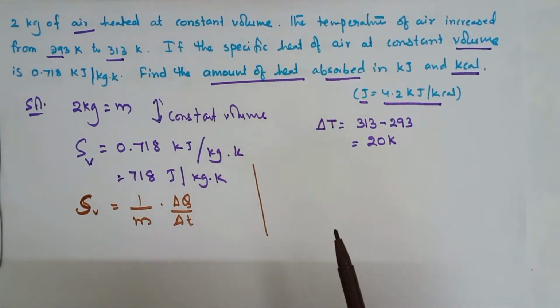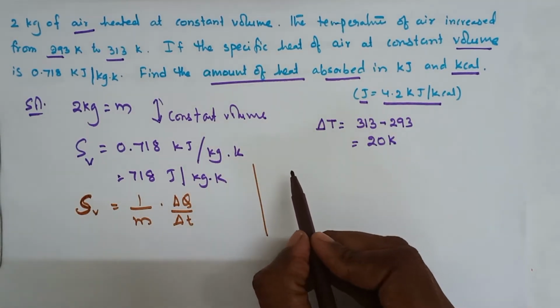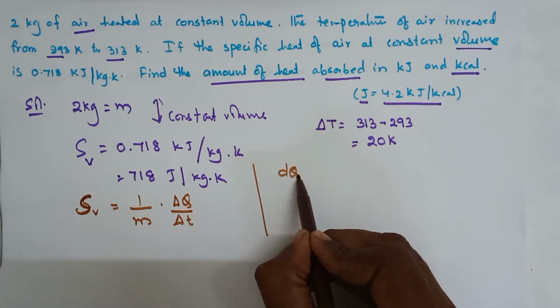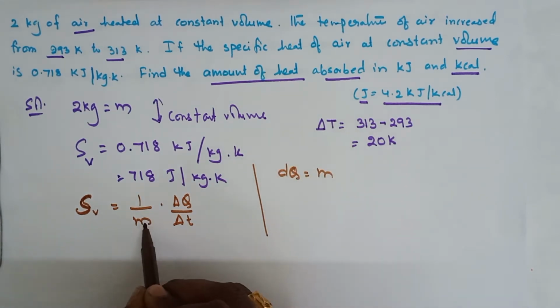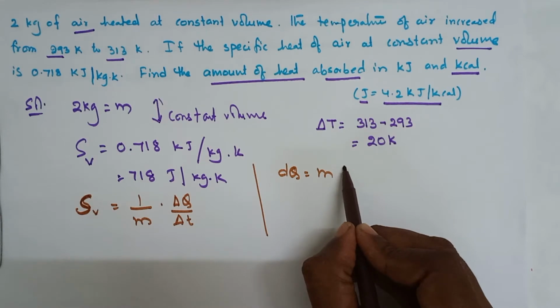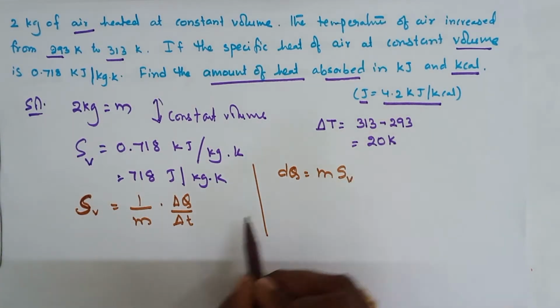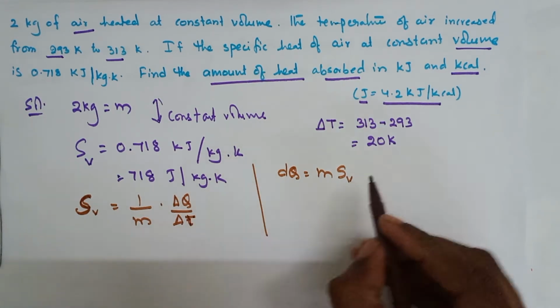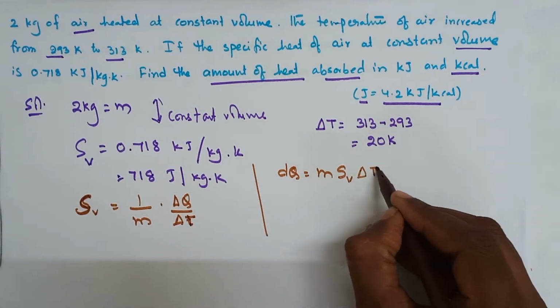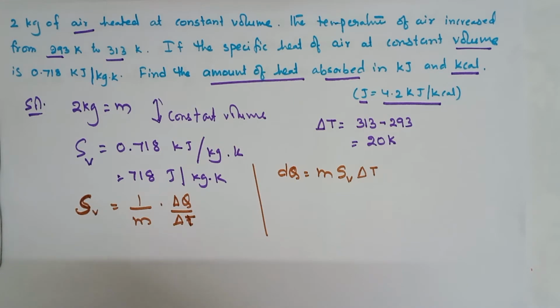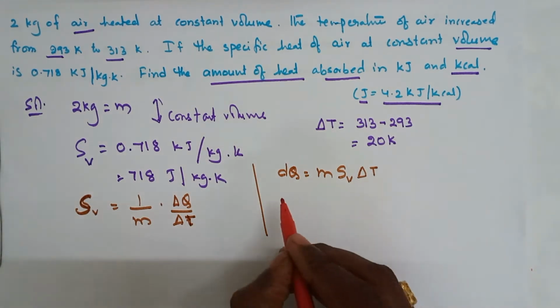So what you can write here: dQ is equal to m into SV, specific heat at constant volume, into delta T. Let us substitute this.